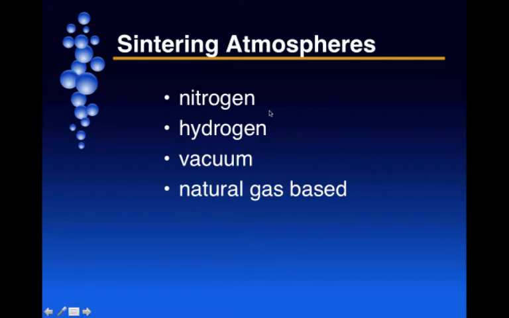But if you are sintering a stainless steel, for instance, it'll have an oxide layer. You might want to reduce it under hydrogen, or you want to be able to sinter it in vacuum so that you can minimize the amount of oxidation at higher temperatures. If you're sintering silicon nitride or aluminum nitride, you want to sinter it in nitrogen or argon. Okay.